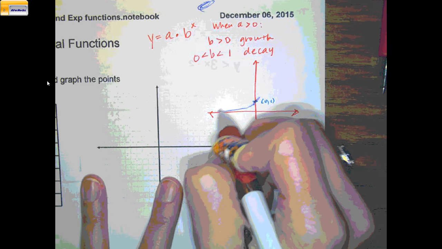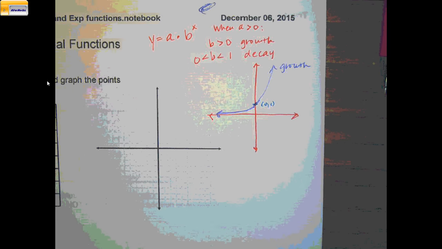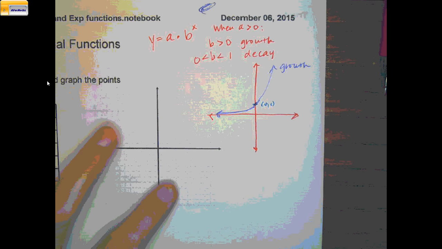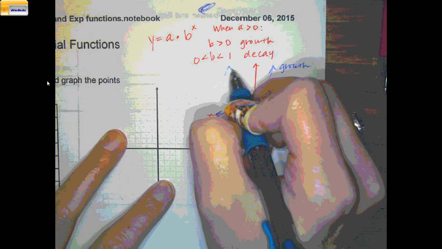Come on, get my pen to work here. So it gets closer and closer to 0 without ever actually touching it. And that's growth. Decay goes the other way, and it also crosses at 0, 1 with its asymptote that skates along just above the x-axis.